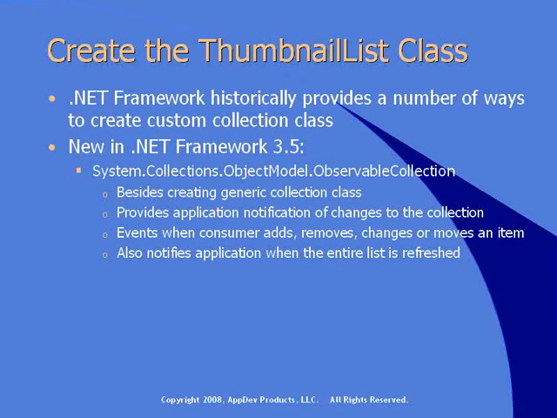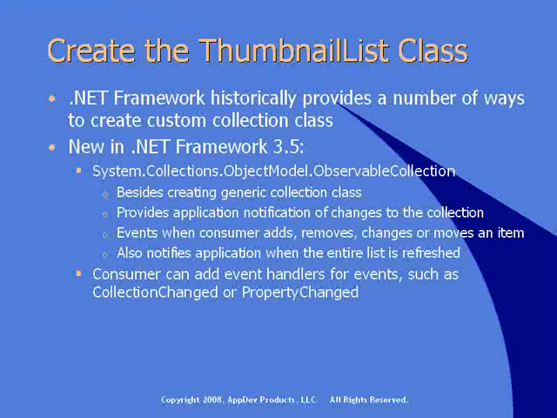Now, I must confess, we don't need any of that for this demonstration, but it's important to know about the Observable Collection class because it's a really nice way that's new to handle a collection of items so that you get notified if someone outside your code modifies that collection. The consumer can add event handlers for events such as collection changed or property changed.